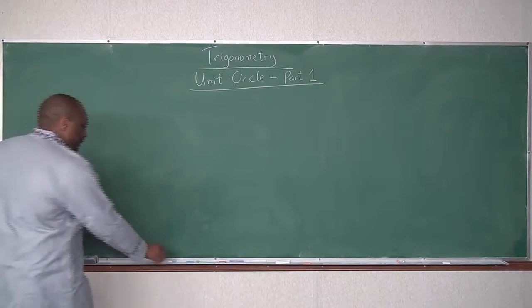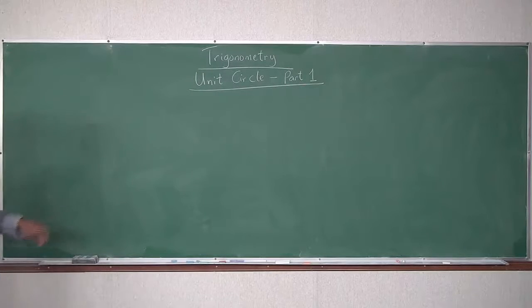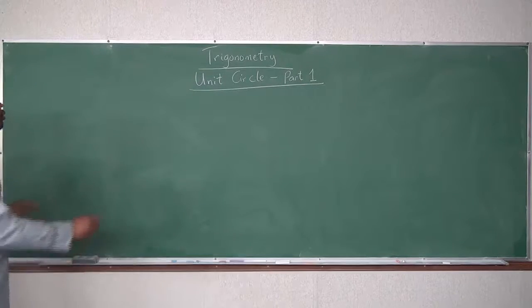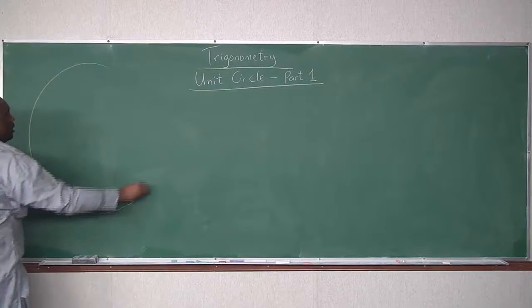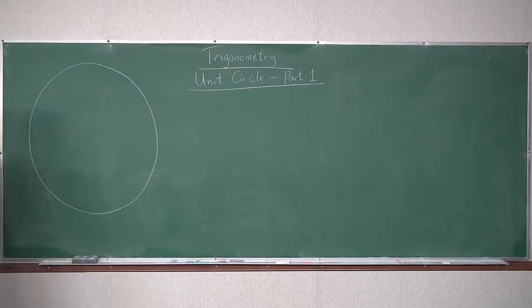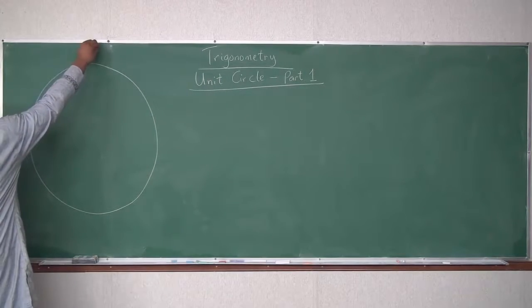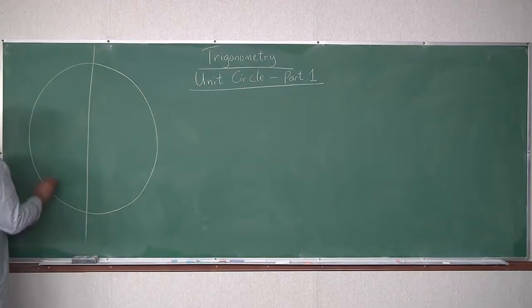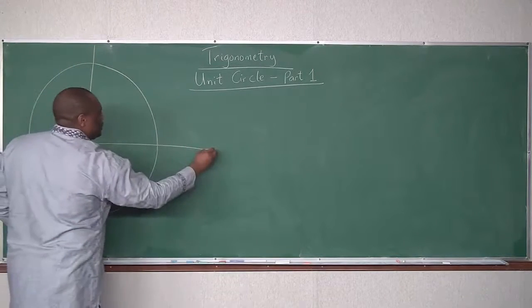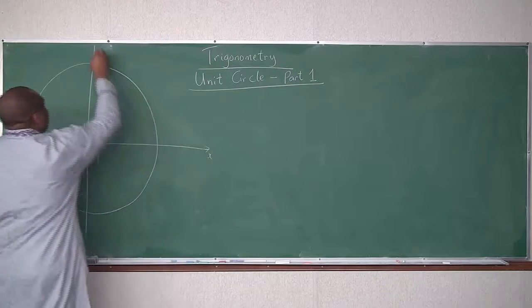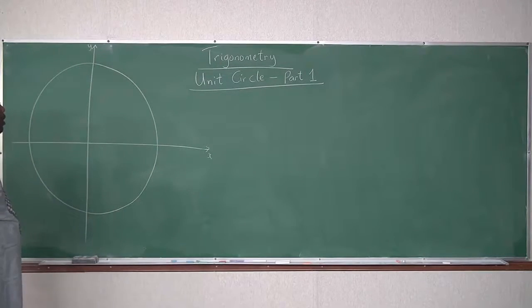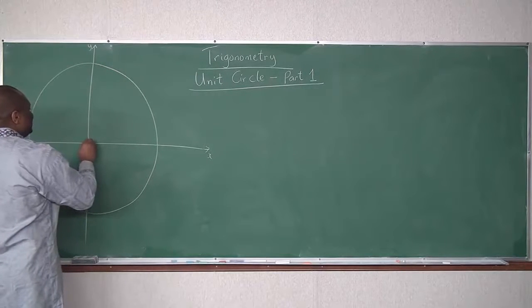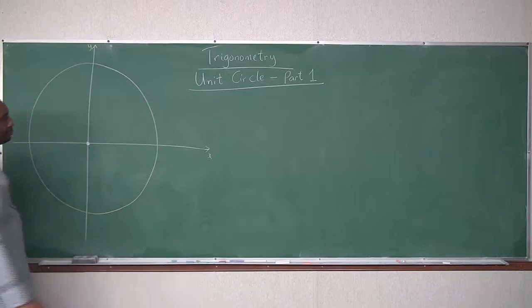Let's talk about the unit circle. When we talk of the unit circle, we are talking of a circle of radius 1 unit. This is the center of the circle.